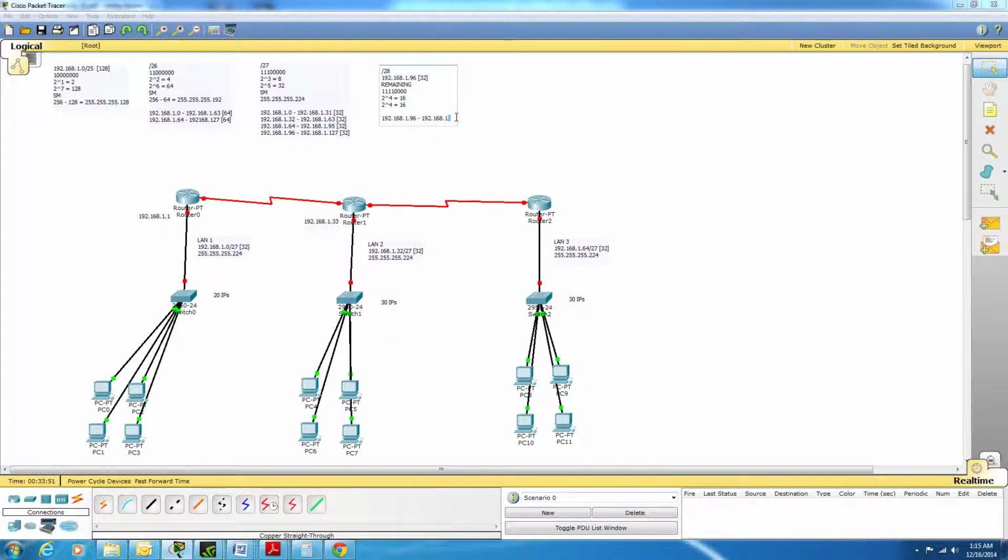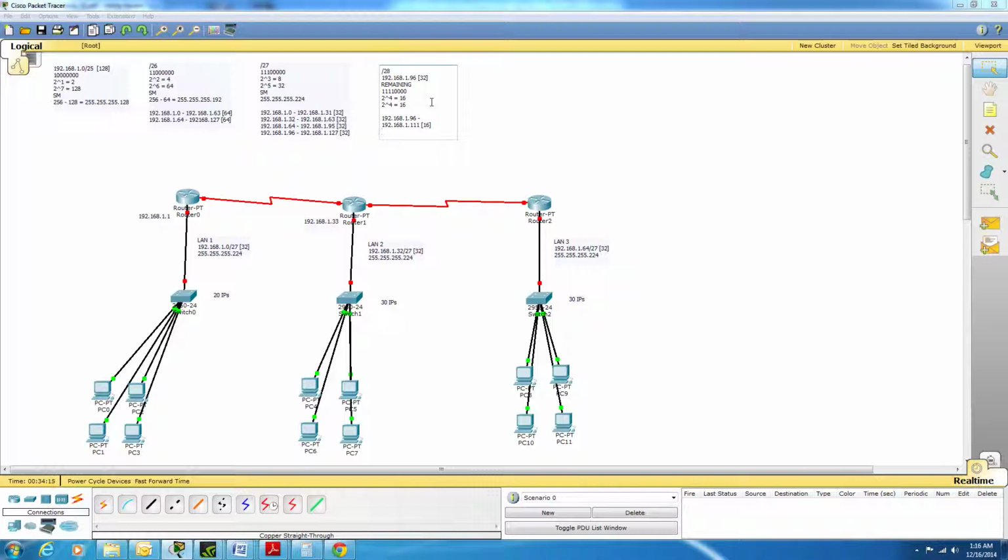So this will go all the way up to 192.168.1.111. Okay, and that will be a block of 16 IP addresses.